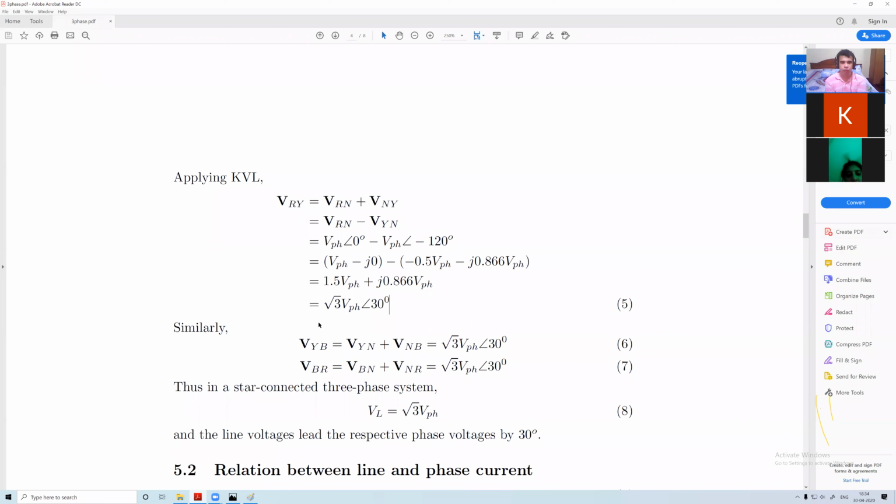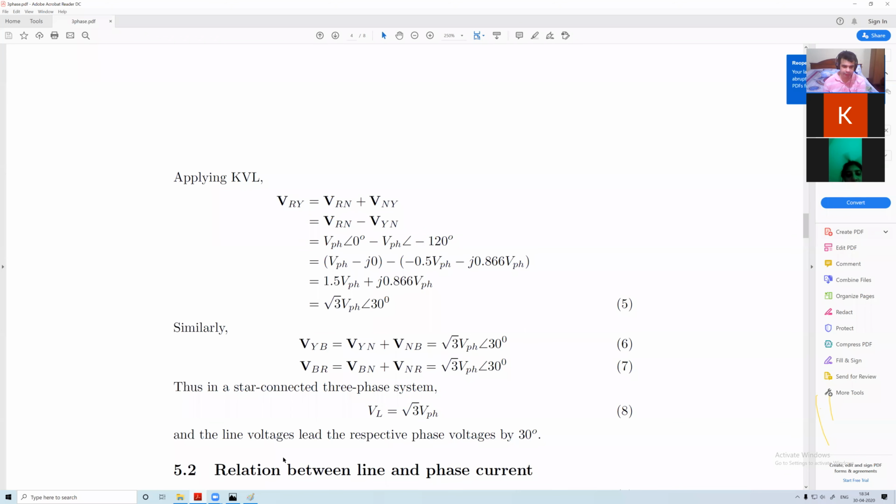Once more. Okay. So VRY is the vector addition of two phasors. First phasor is VRN, second phasor is VNY. After that, we simply converted it back into polar.